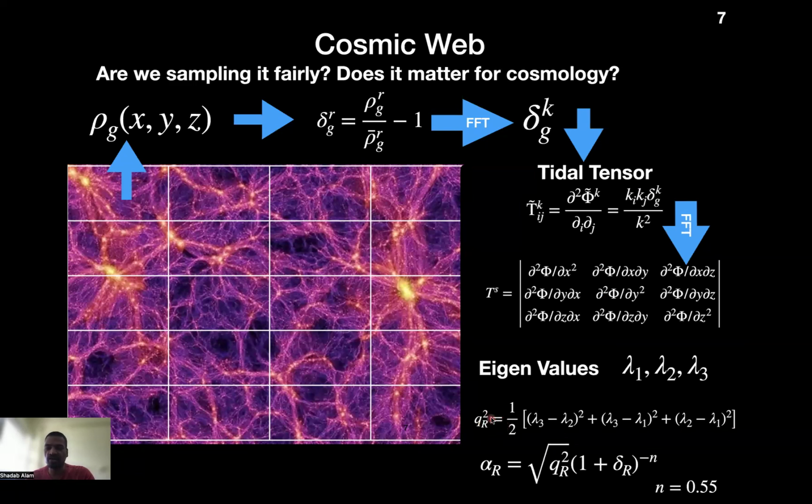So we define one quantity which we call tidal shear, which is basically the difference of these eigenvalues. And then we define another quantity called tidal anisotropy, which is essentially tidal shear divided by 1 plus overdensity. And I'll show you why we do that, which is a recent interest with lots of interesting physical insight into why it is valuable.